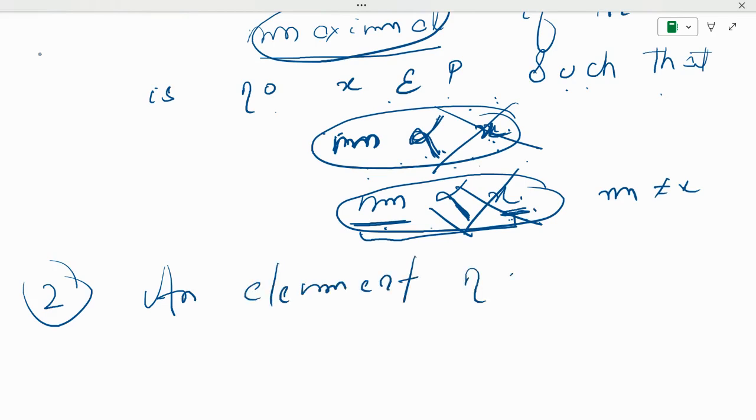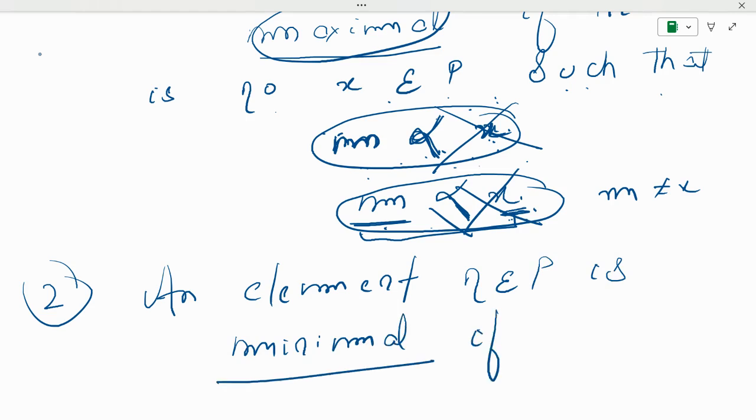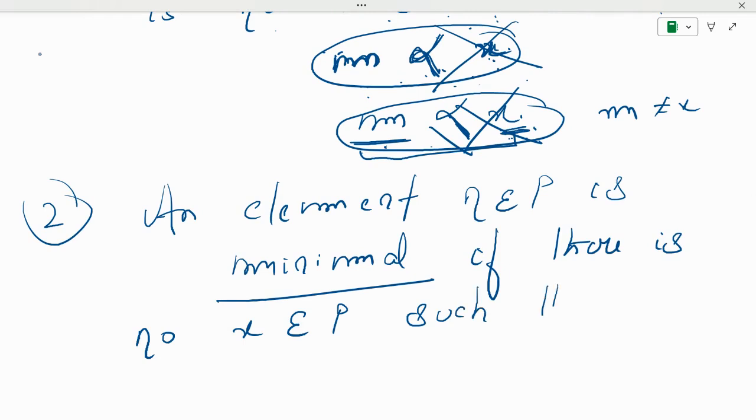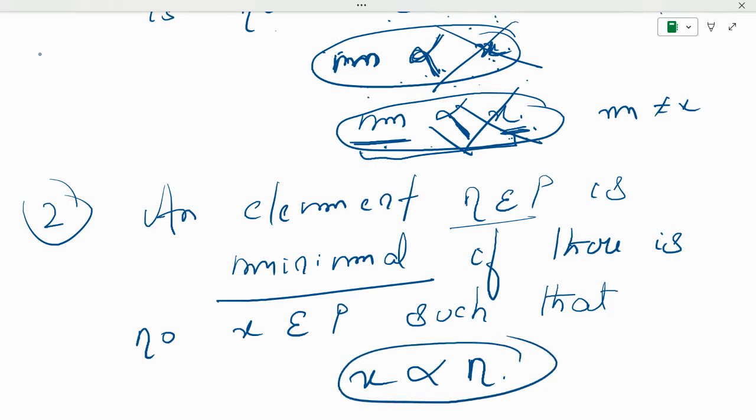An element N belonging to P is minimal if there is no X belonging to P such that, now it is the opposite, X has an associativity with N. So this is different from the maximal definition, right?